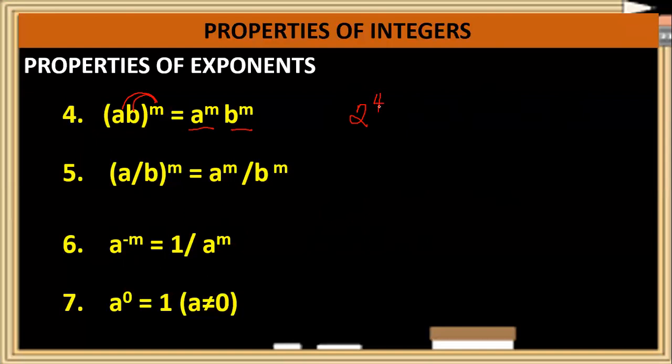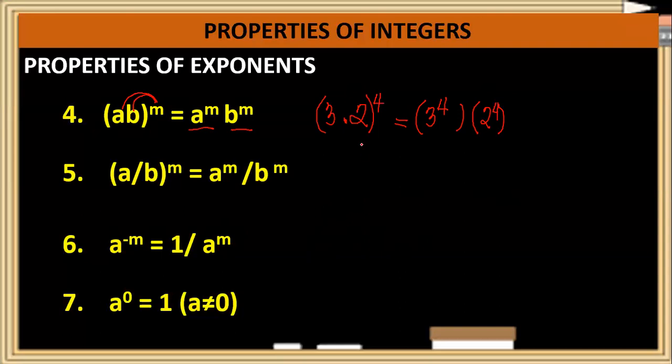So 3 times 2 with power of 4 gives 3 to the power of 4 times 2 raised to the power of 4 also.